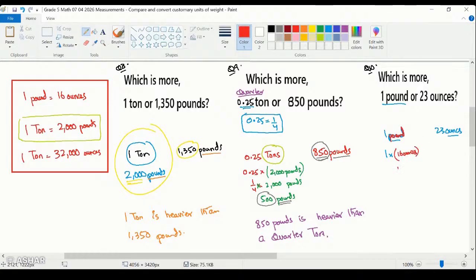That means we're comparing 16 ounces to 23 ounces. Which value should be greater? Because they have the same unit now, ounces and ounces, we compare the quantities and we can easily say that 23 ounces is heavier than 1 pound. Agreed?